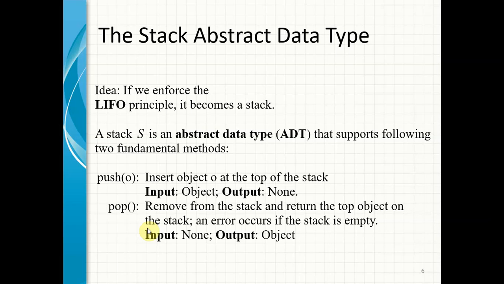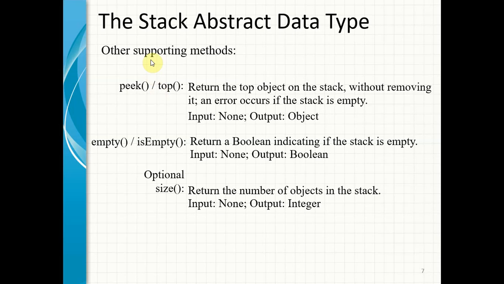Just like, you still remember when you get something from a linked list, you're not just removing, but you're getting the content. So it also specifies that an error occurs if the stack is empty. So the input is nothing, you don't need any argument, but it will give you the object. There are other methods that can be supported, like the term peek, or in some textbooks we call it top.